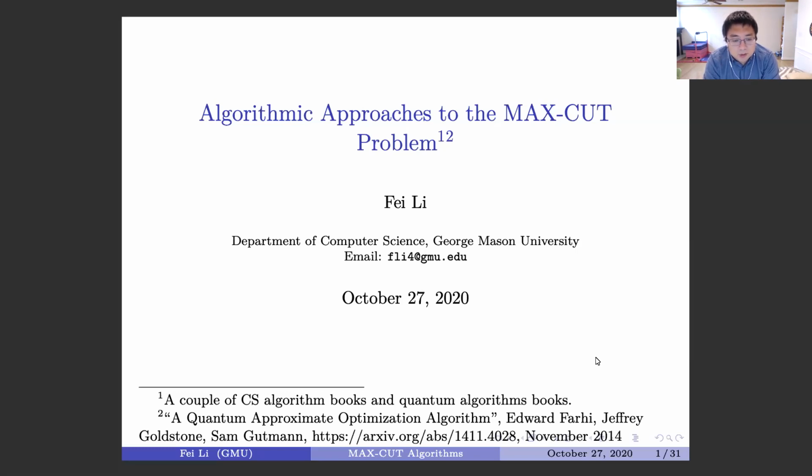The materials of this presentation include a few algorithms from the computer science algorithm books and also the quantum algorithm books, and also the classic paper, which is the quantum approximation optimization algorithm published in 2014. This paper is the first paper talking about approximation algorithms using quantum computers.